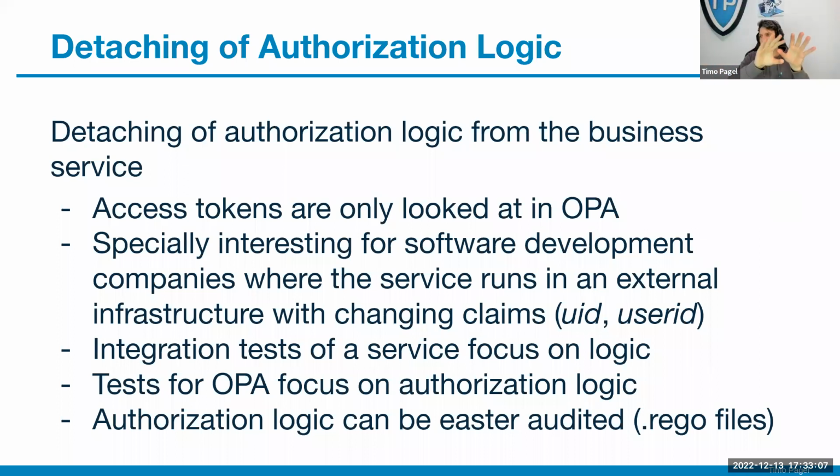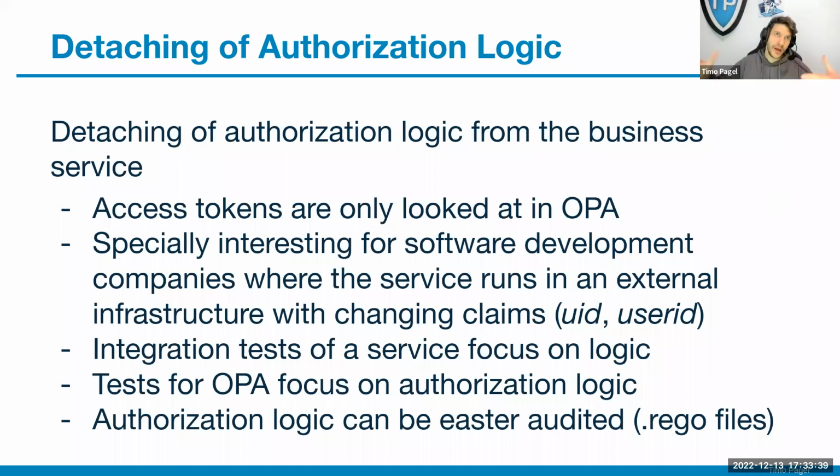So you're detaching the authorization logic from the business service. That means that access tokens you only need to look at in OPA. You don't look at them again in the service, because you expect you performed the authorization already, and that you can now do your business logic. That is especially interesting for software development companies where the actual service later will run in an external infrastructure.